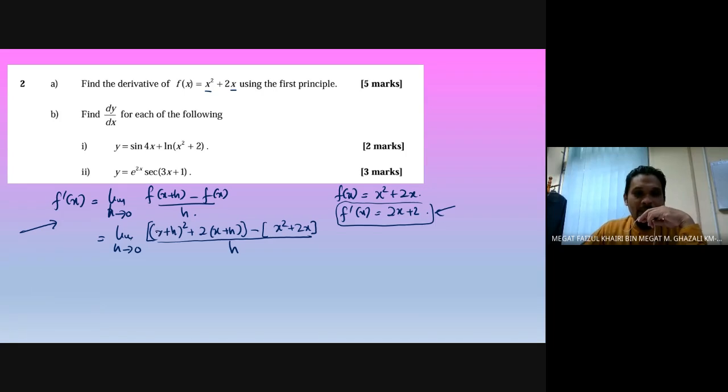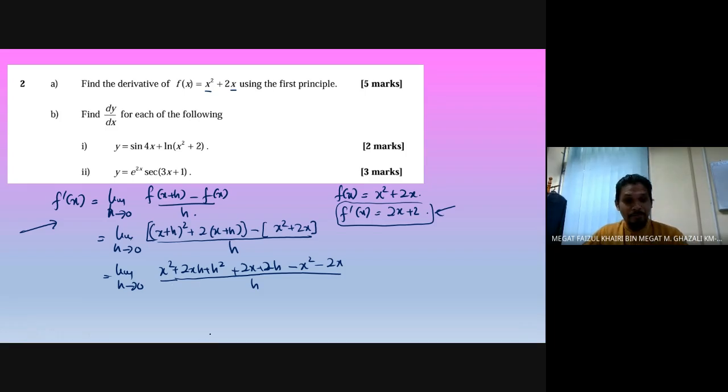Now expand this and expand this, open up the brackets, you get x squared plus 2xh plus h squared plus 2x plus 2h minus x squared minus 2x, and everything divided by h.